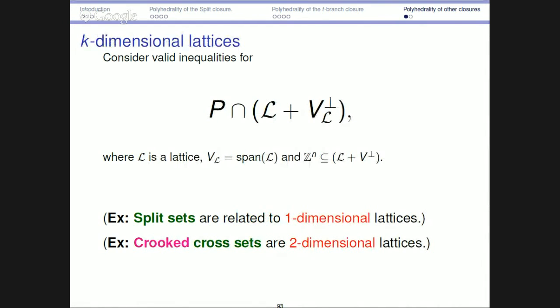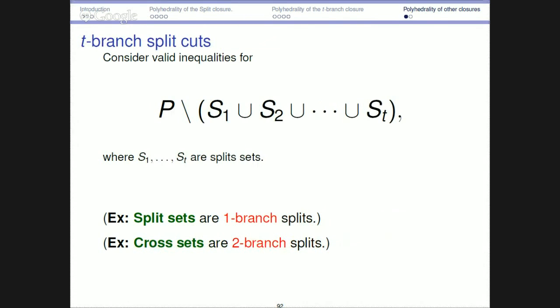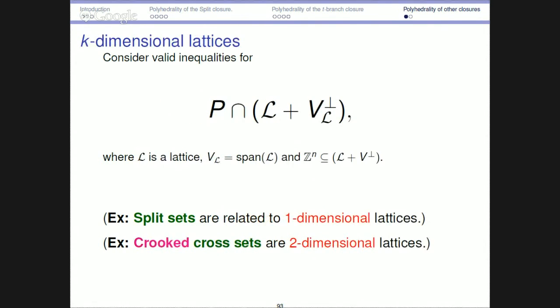And another generalization is, instead of removing some splits from P, you intersect P with a lattice, and this lattice contains your integral points. Why is this useful? Because the integral points form an n-dimensional lattice, so it's very difficult. And this could be, I don't know, a 2-dimensional lattice, for instance. That problem will be easier than P intersected with the integral points. And actually, if this is 1-dimensional, this is related to split sets.